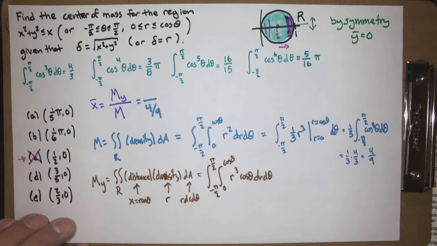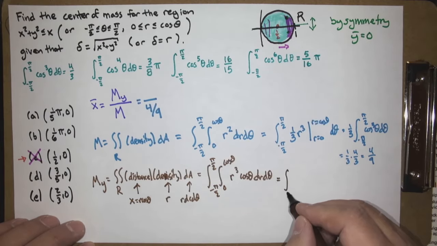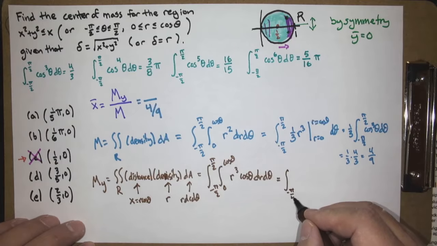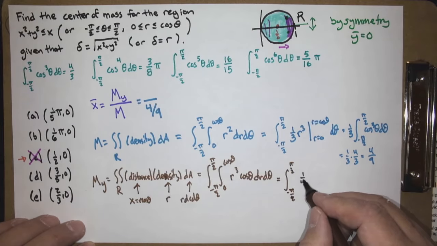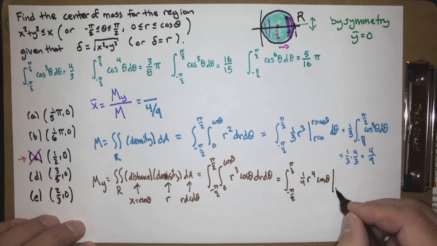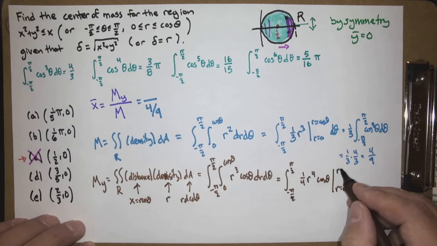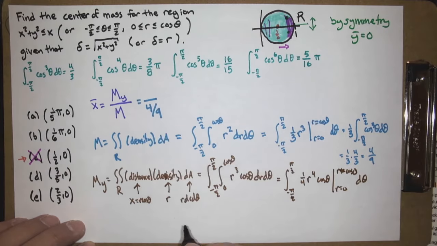And we say, okay, we integrate. What's the integral of r cubed with respect to r? R to the 4th over 4. Yeah, r to the 4th over 4. So negative pi halves to positive pi halves, 1/4 r to the 4th cosine theta. Evaluate that from r equals 0 to r equals cosine theta d theta.